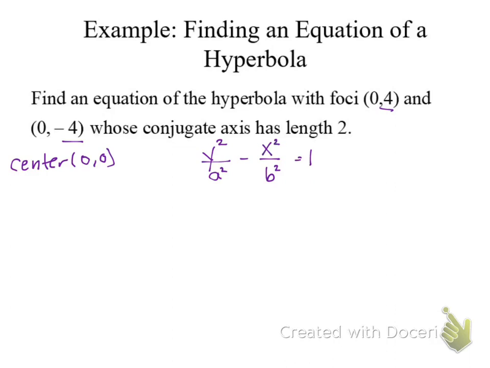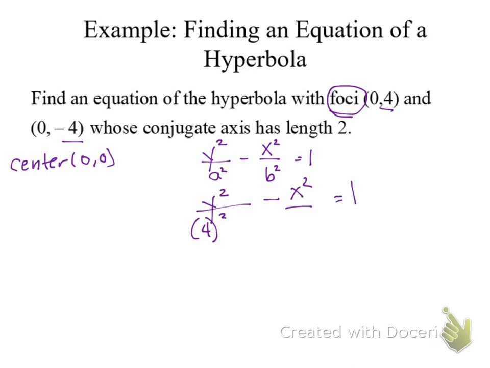That's because whichever direction is changing numbers between my two focal points, that's the direction I'm aiming in. So it would be y squared over 4 squared, because it's 4 units away from 0 and 4 units away from 0. So then minus x squared over what equals 1.